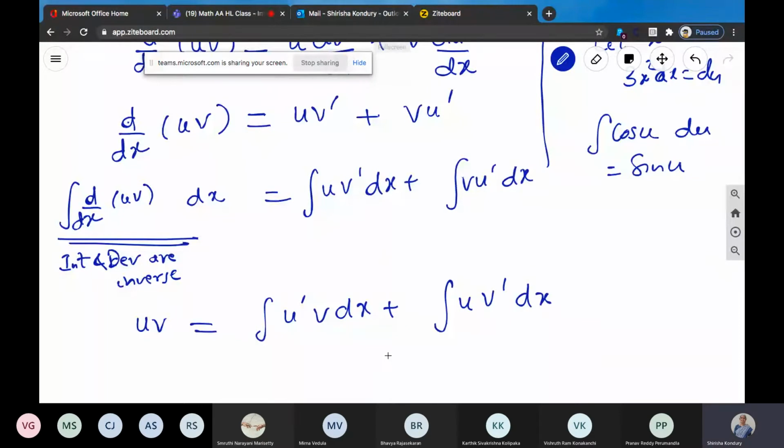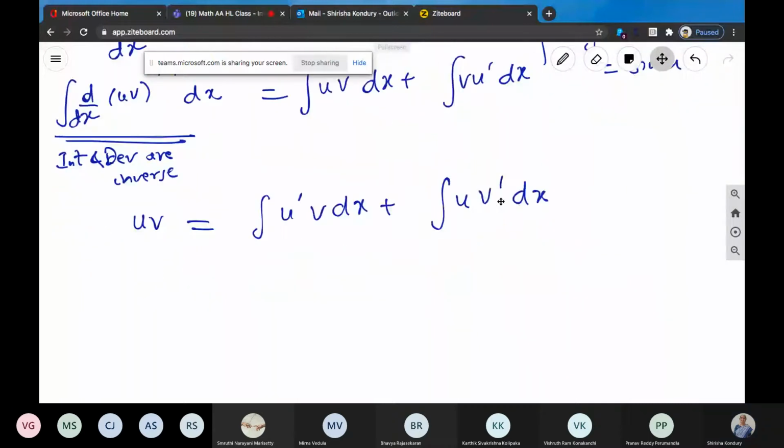Okay. What integration by parts tells us is, if I have the integral of a product of two functions such that one of them is easy to differentiate and another is easy to integrate. Listen to me carefully.